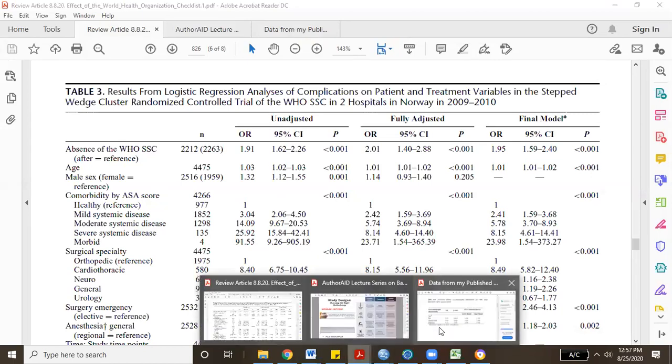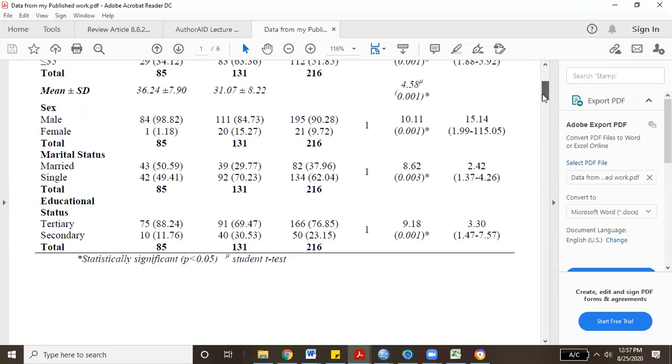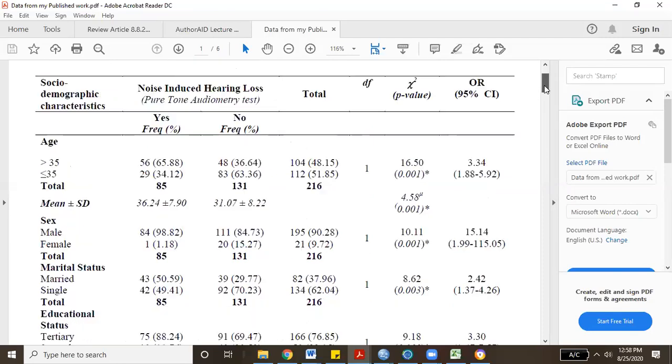Okay, so in my own study, what I did was, if you look at this, I dichotomized the age, because from literature, you would see that age itself, as you get older, your hearing drops. And being exposed in an environment where you always listen to loud music increases that risk.